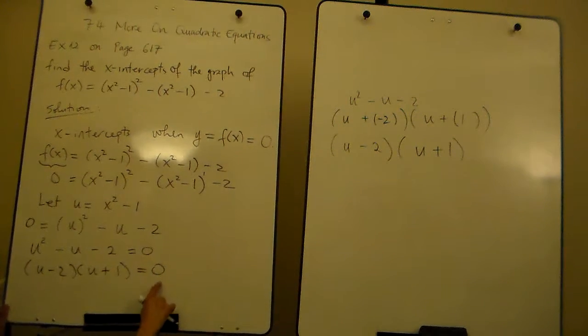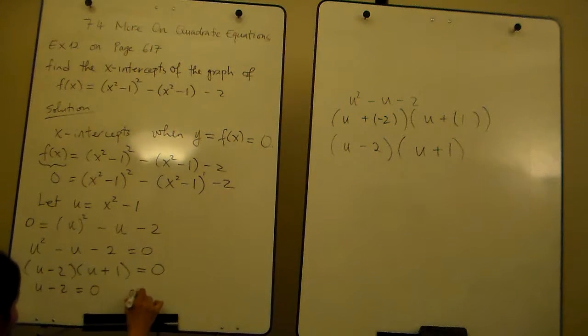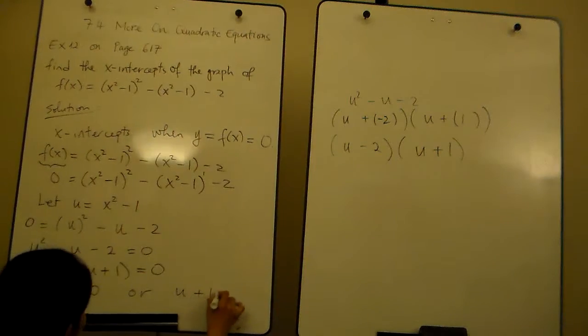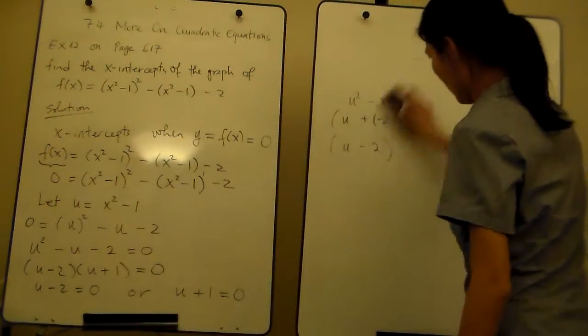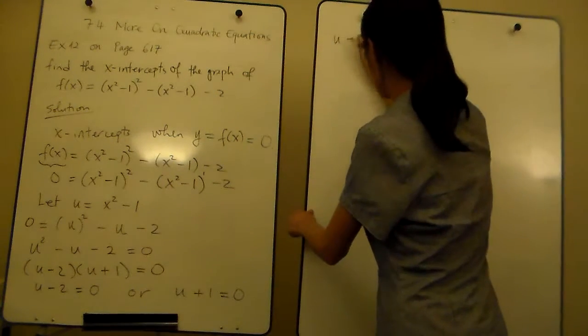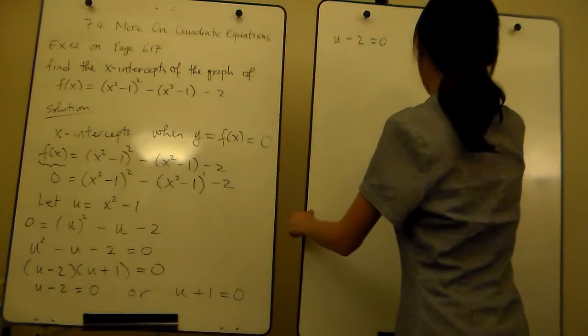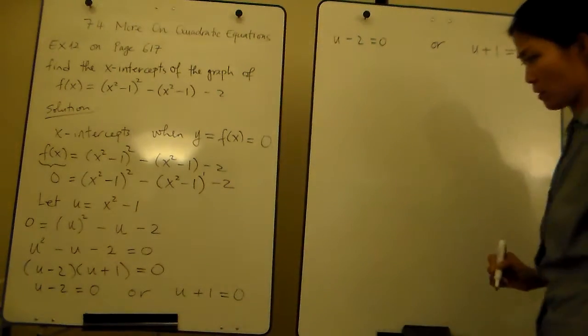We can use the zero product principle and split this into u minus 2 equals 0, or u plus 1 equals 0.